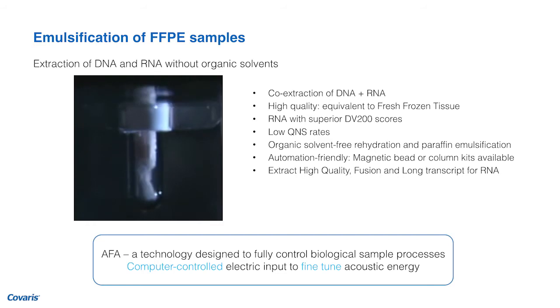You can see here the emulsification of an FFPE sample in an aqueous solution. AFA actively removes the paraffin from samples by breaking it down into small fragments, as well as rehydrates the tissue. Covaris offers solutions to co-extract RNA and DNA from the same sample, and the results for the RNA extraction will be presented by Enni in her talk.